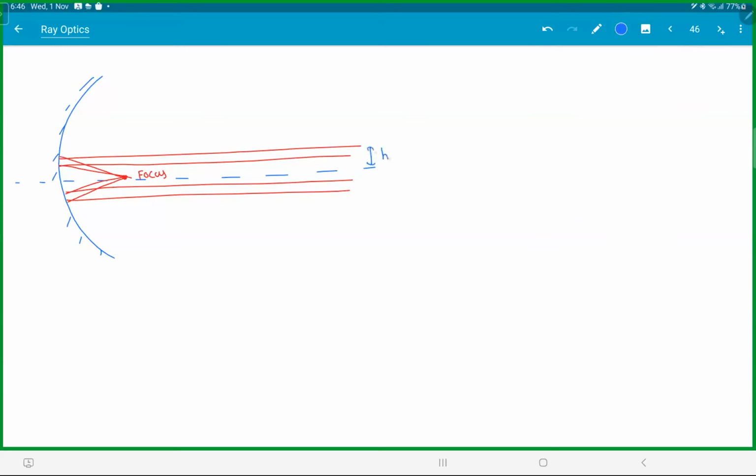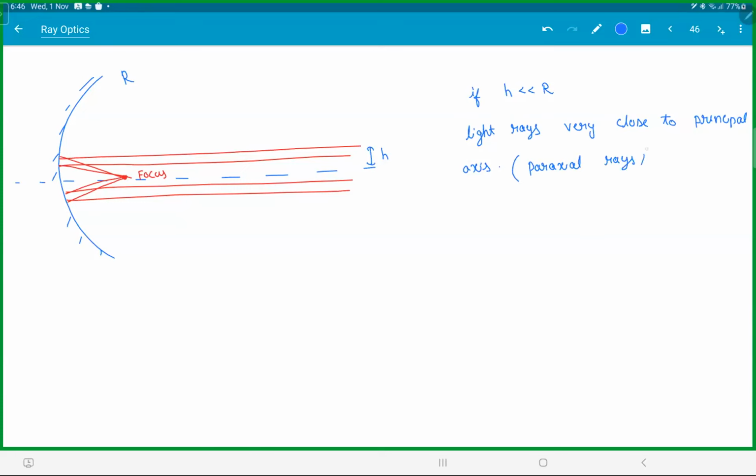So this is height h, and the radius of curvature is r. If this height h is much less than r, these are light rays very close to the principal axis. We can assume these rays are called paraxial rays.